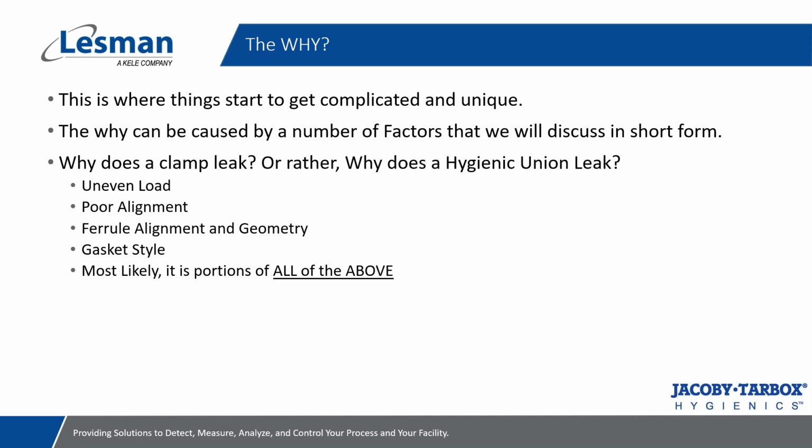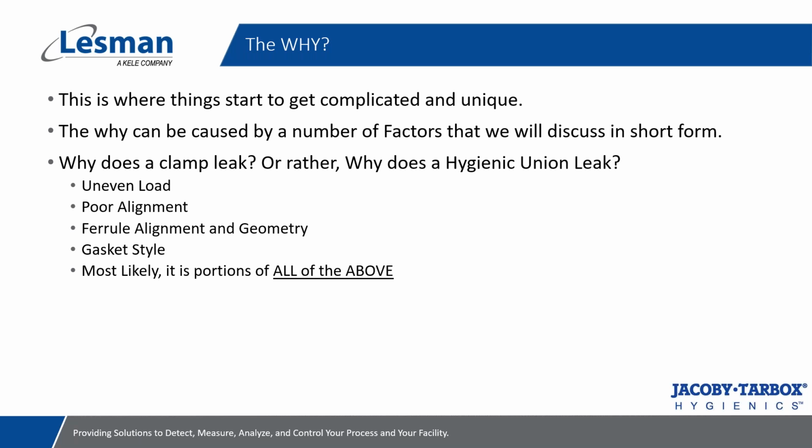The why. This is where things start to get a little bit more complicated and unique, and this is the area that we'll spend the majority of this portion of the webinar discussing. There's a number of factors that go into why a sanitary union can leak.